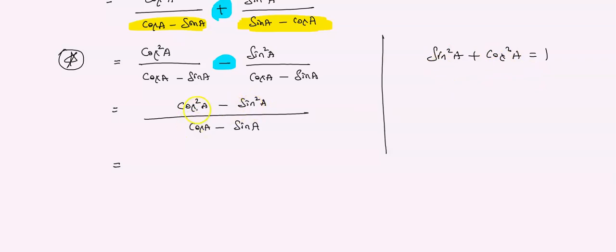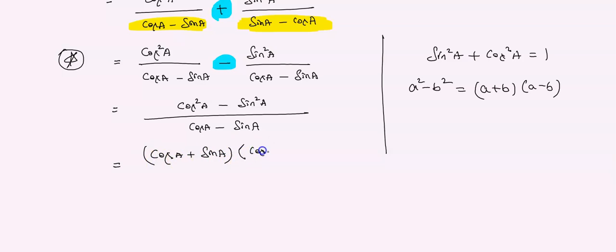But it is in the form of A square minus B square. So we can apply the identity, that is A plus B into A minus B. So here cos A plus sin A into cos A minus sin A, whole divided by cos A minus sin A.